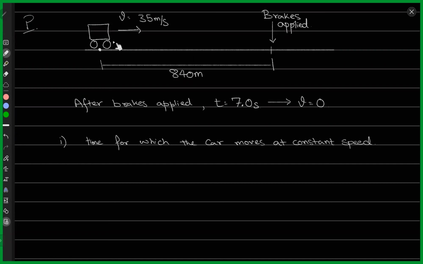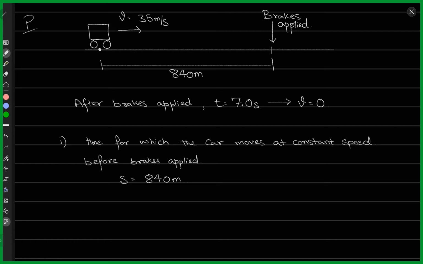How long will the car travel before the brakes were applied? So we know that the distance before the brakes are applied is 840 meters. That's the distance or displacement before brakes are applied.